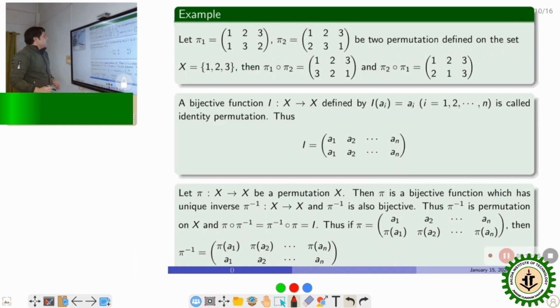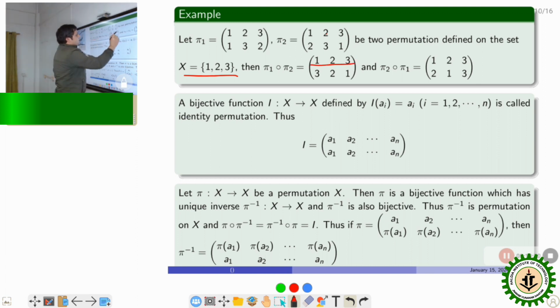For example, pi1 equals 1, 2, 3 where 1 maps to 1, 2 maps to 3, 3 maps to 2. And pi2 equals 1 image 2, 2 image 3, and 3 image 1, a permutation defined on the set {1, 2, 3}. Then pi1 ∘ pi2 has the same domain set 1, 2, 3.